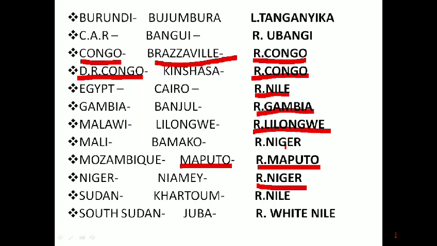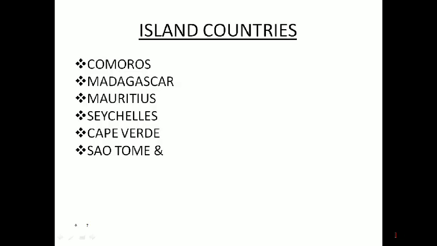This is interesting. Now, island countries: Comoros, Madagascar, Mauritius, Seychelles, Cape Verde, and Sao Tome and Principe. These are the island nations in Africa continent.